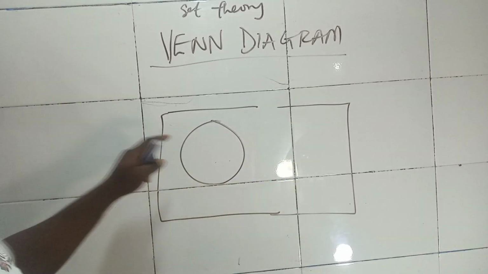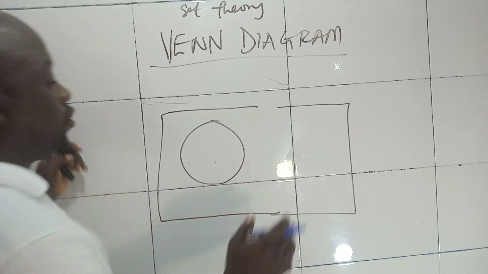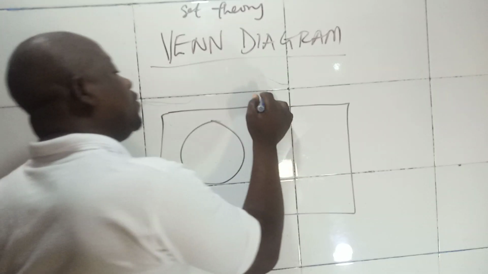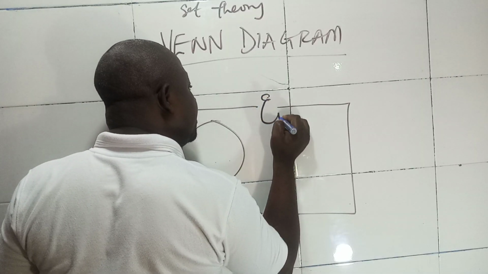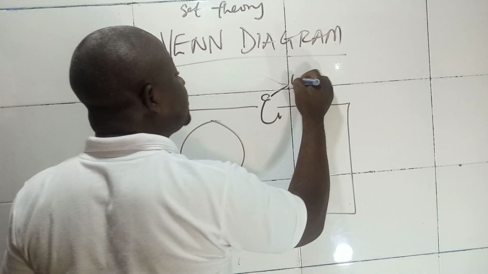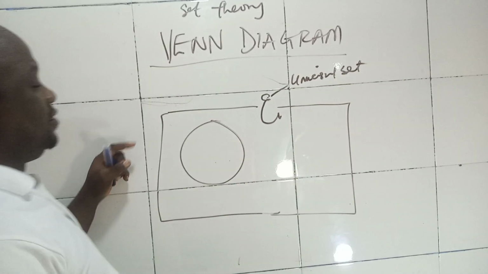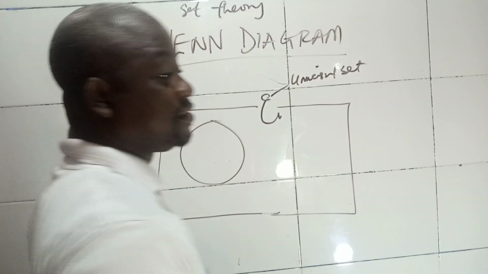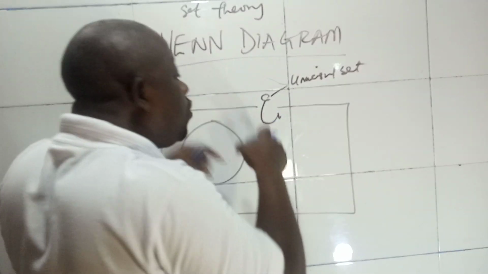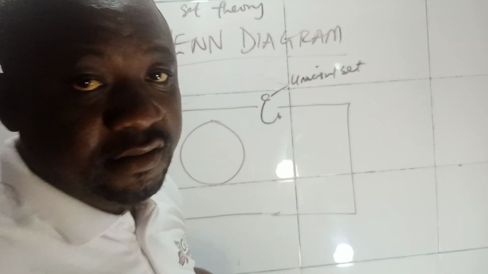Rectangle and circle. And he says that once you draw this, what you should have at the edge here should be the universal set, because we have the box, which is the rectangle, containing all other subsets.